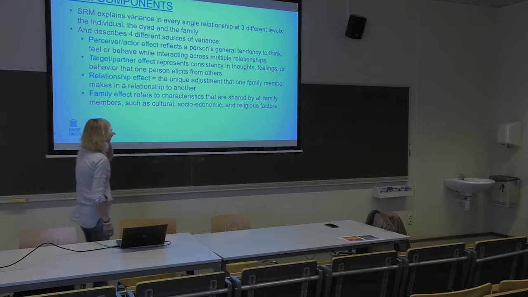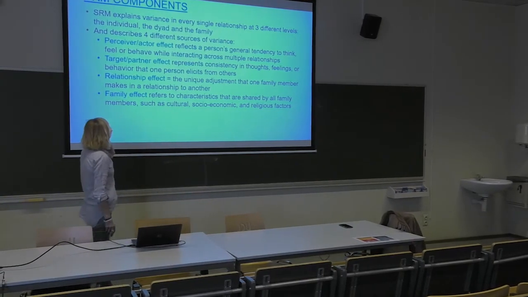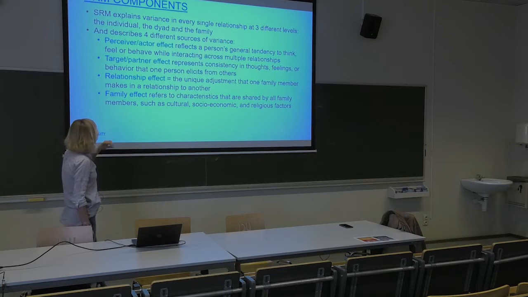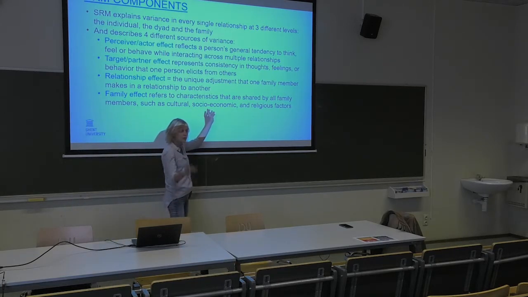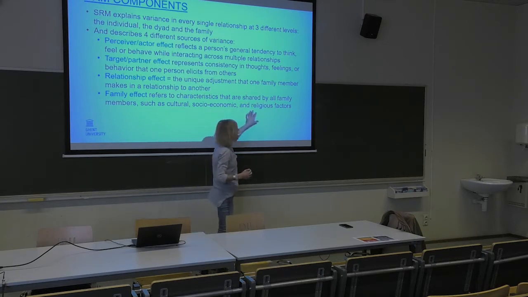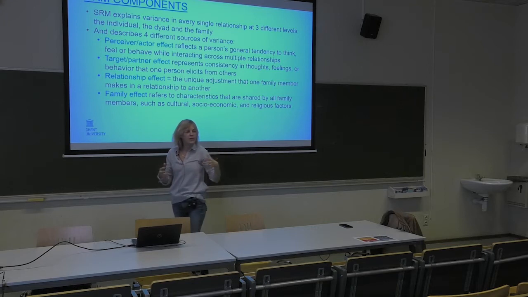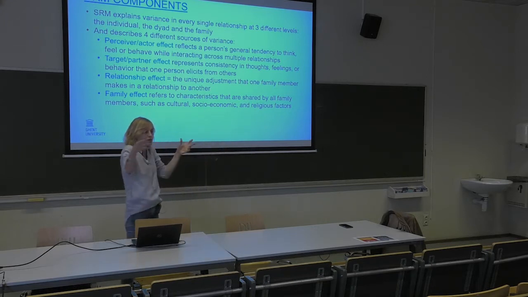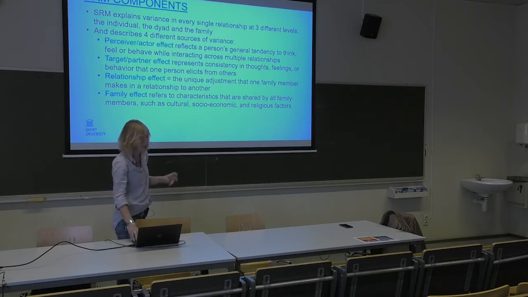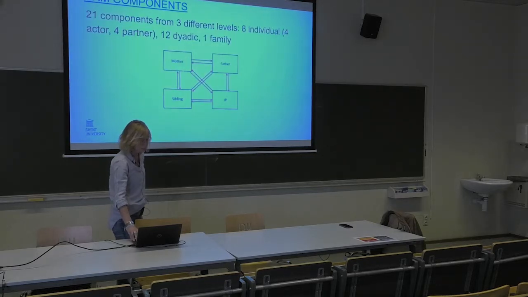The relationship effect is the unique adjustment, and the family is more like something culture, socioeconomic can also be, that they're on another socioeconomic level, or religious factor or whatever, a cultural factor that makes this family different from other families, that there is variance in the way that families, the family culture is about.